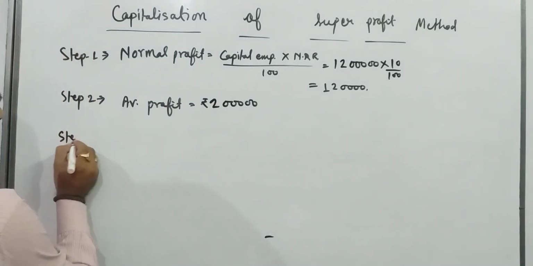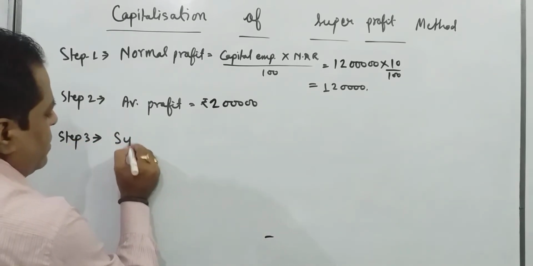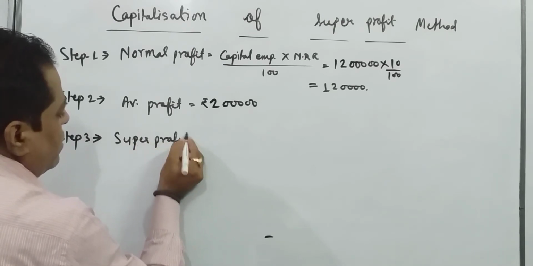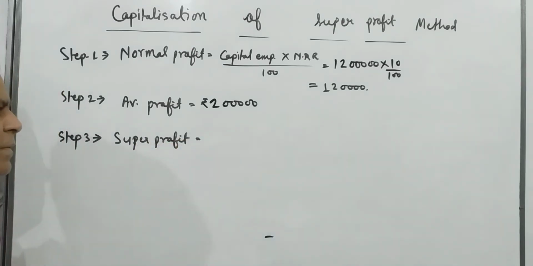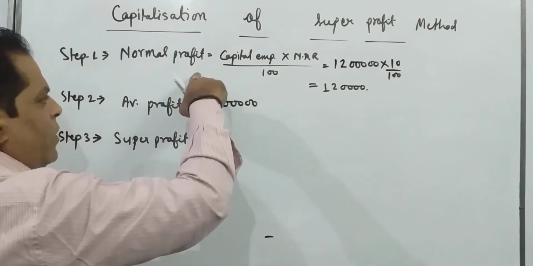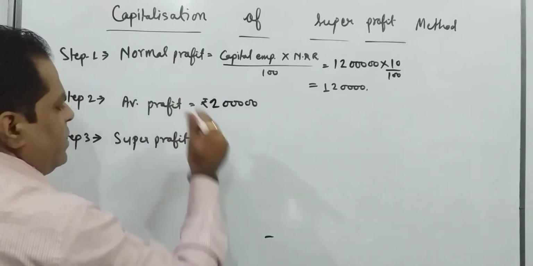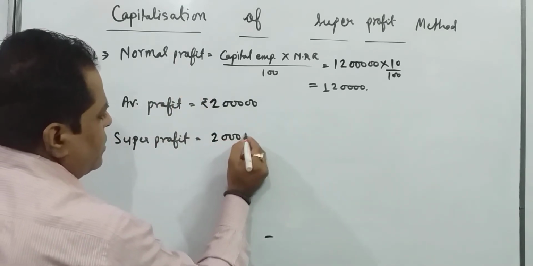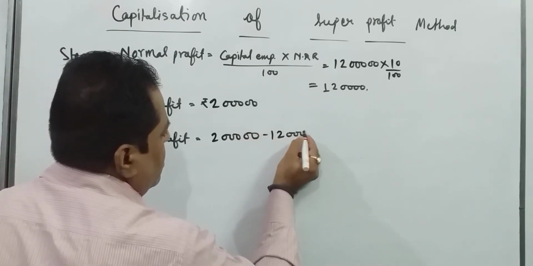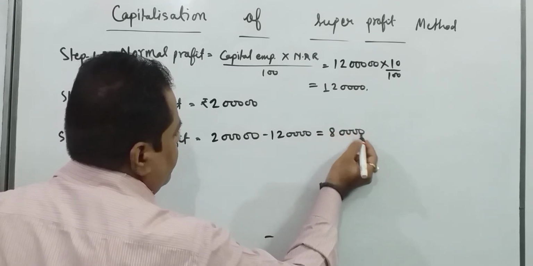Now in step 3 you can find out super profit. How? Just deduct normal profit from average profit, step 2 minus step 1. 2 lakh is your average profit, 1,20,000 is your normal profit. Your super profit will be 80,000.